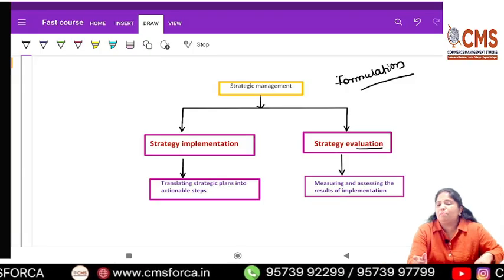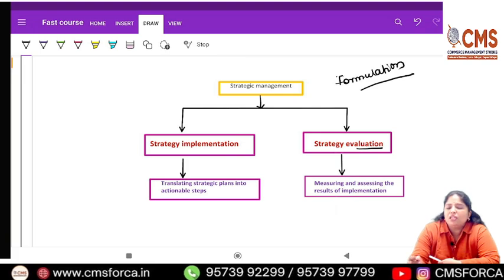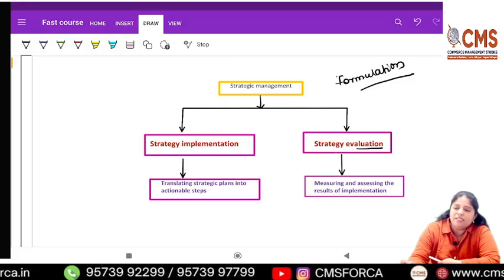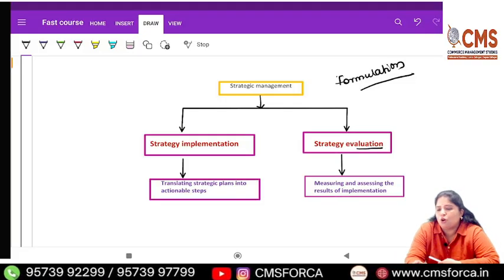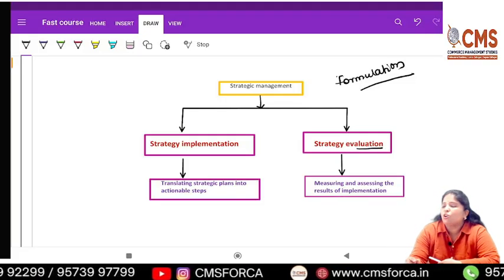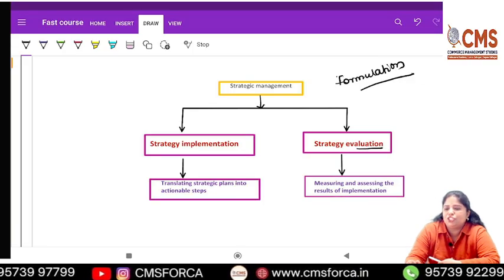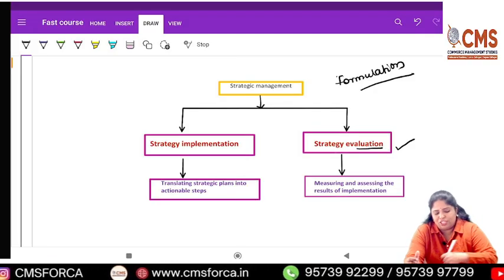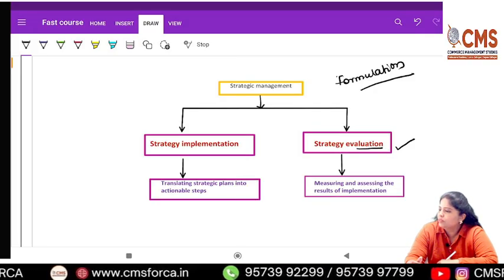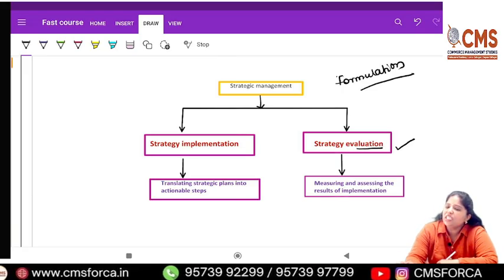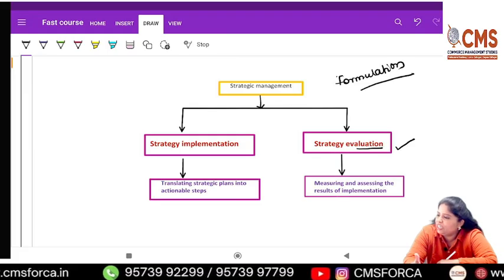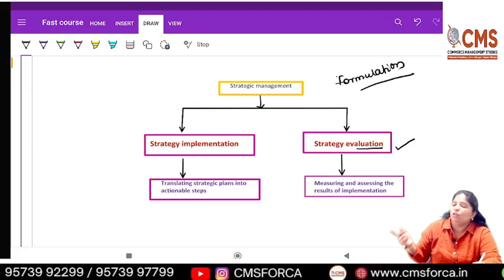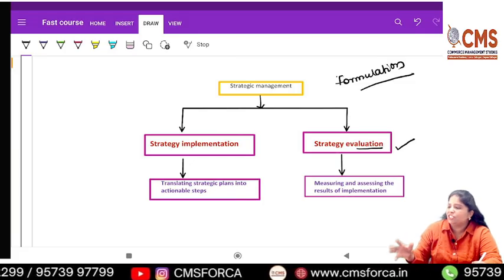And post implementation, how far your strategy has been successful, to what extent it has achieved objectives, and what its contribution to the organization's improvement is, can be assessed through evaluation. So implementation is where you convert your strategy into action, and evaluation is always done post implementation to measure its success.